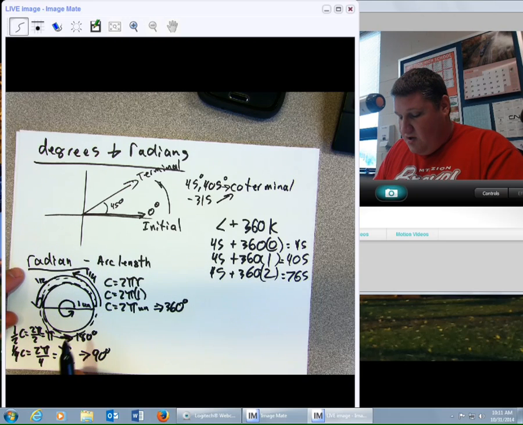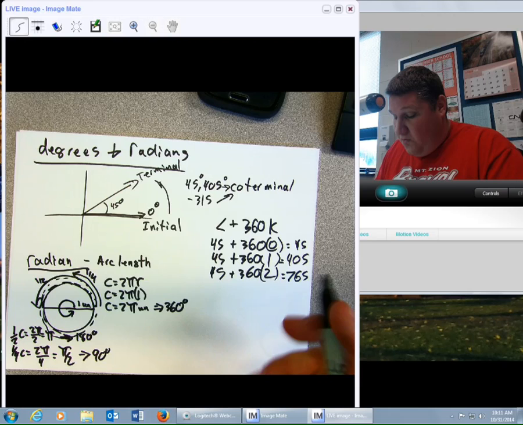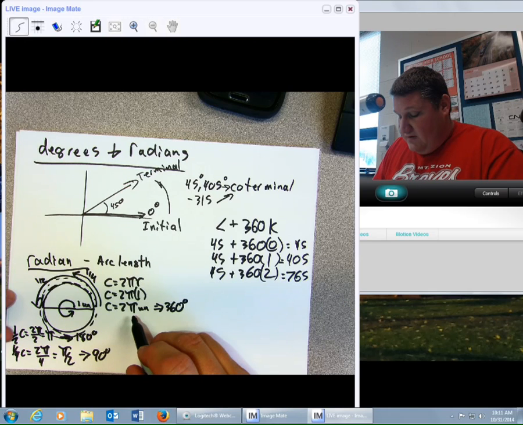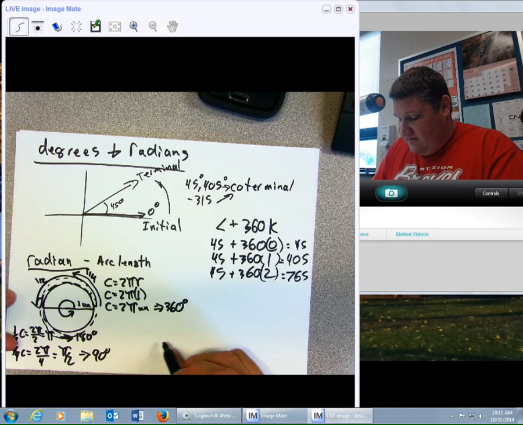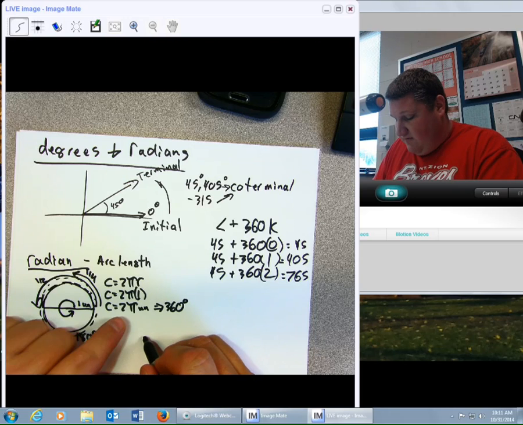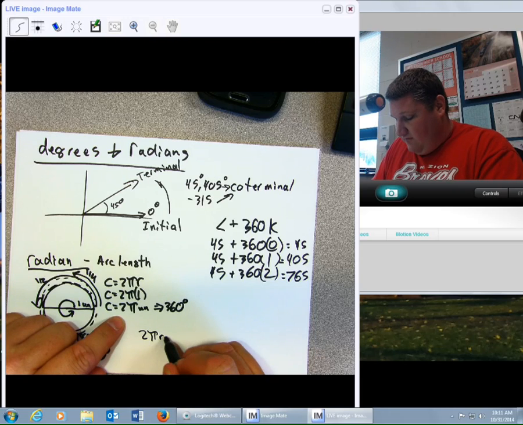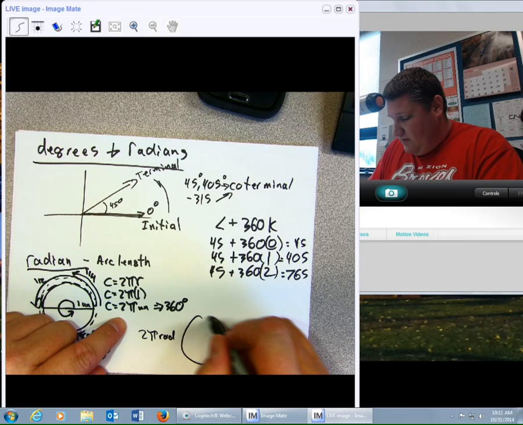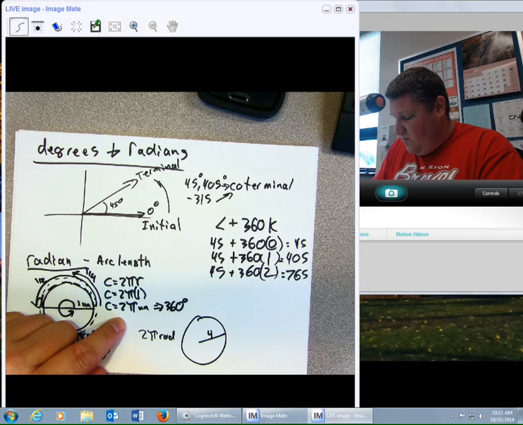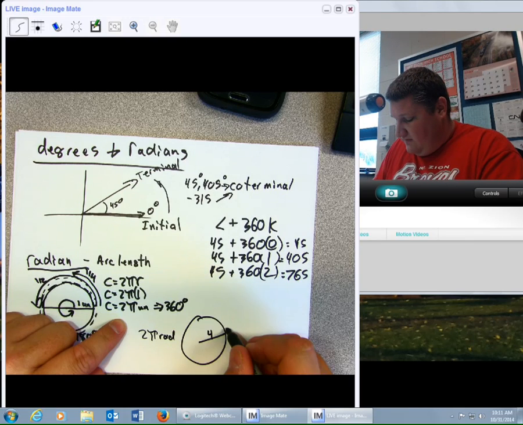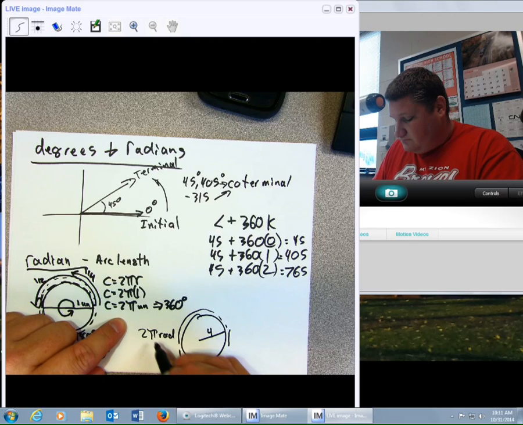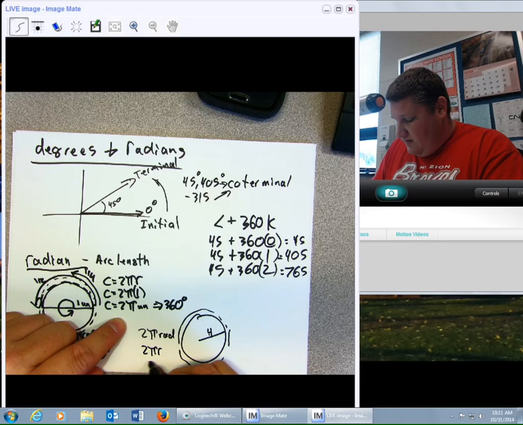Well, if I have a radius of 4, all I have to do is take whatever my distance around is, my radians. Let's say I have 2 pi radians. But if this new circle here has a radius of 4, then the distance all the way around is going to be 2 pi, which is all the way around, times a radius of 4, because 2 pi r is 2 pi times 4, and the answer there would be 8 pi.